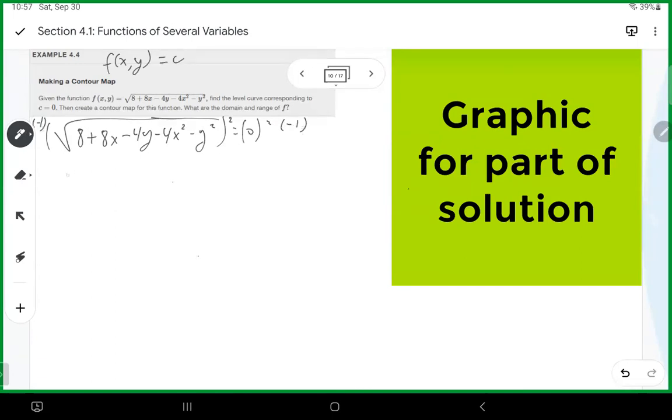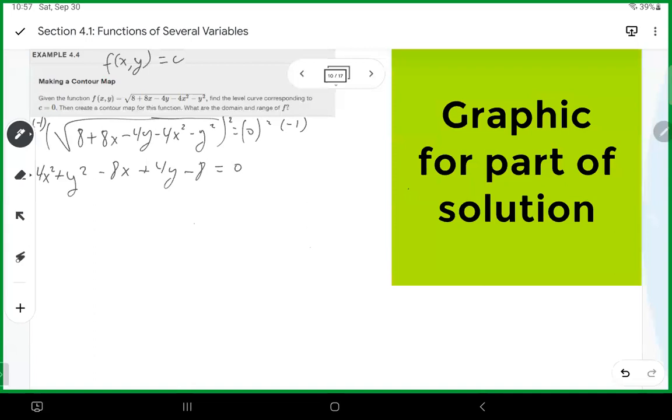So that's going to let us rewrite it as 4x squared up front plus y squared, then minus 8x plus 4y minus 8 equal to 0.